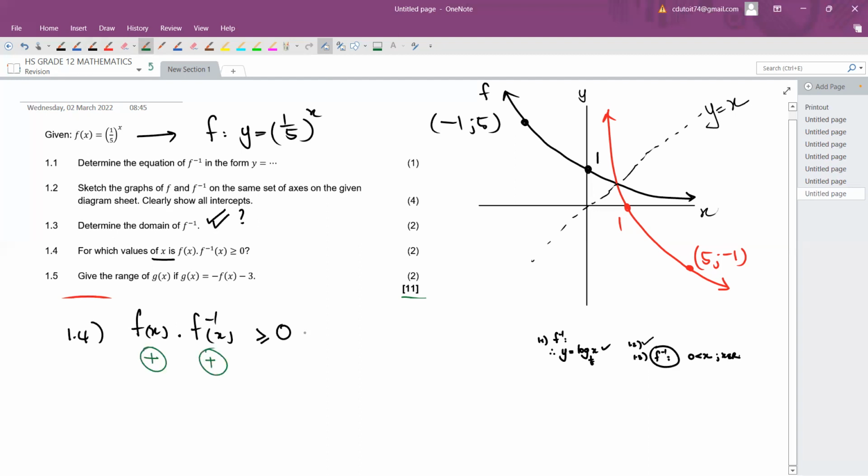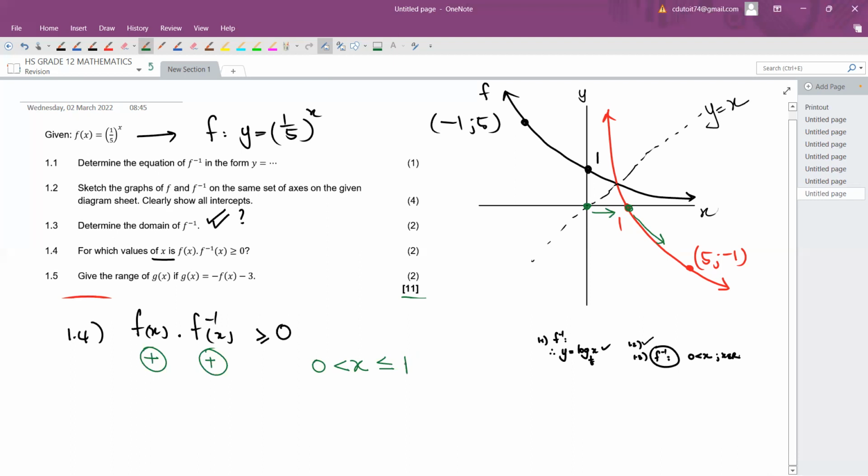Positive times a positive is larger or equal than 0. So when are both graphs above the x-axis at the same time? Well, anything from 0 on, just after 0 forward, up till 1, because the minute we hit the x value of 1, the red graph goes underneath the line, goes negative values. So I can say the x values are larger than 0 and smaller than or equal to 1.